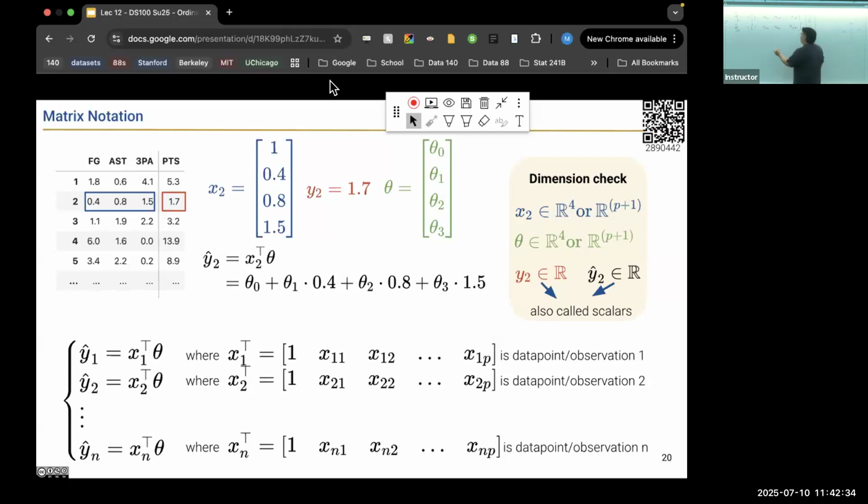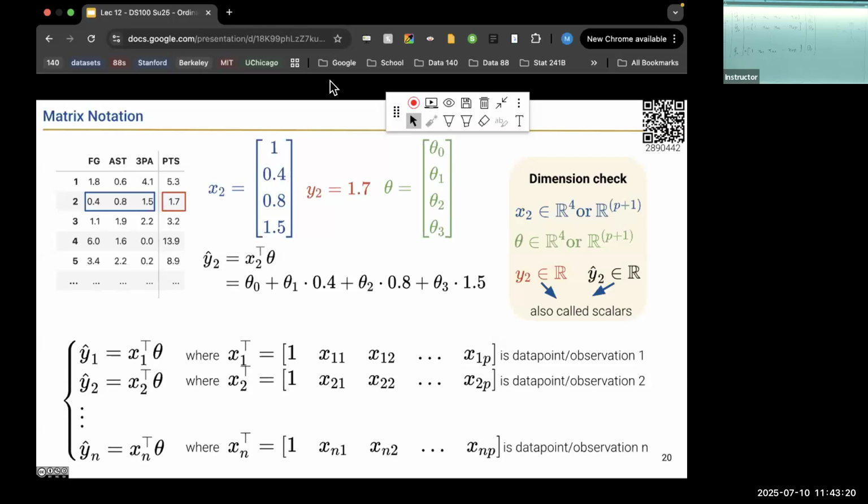And then it goes on and on, all the way to yn hat, which is going to be 1, xn1, xn2, dot, dot, dot, xnp. Instead of working with each individual y hat, I want to put all of these y hats in a vector, so I just have one vector that I can name. Then whenever you see that name, you just know that's the vector of all the y hats.